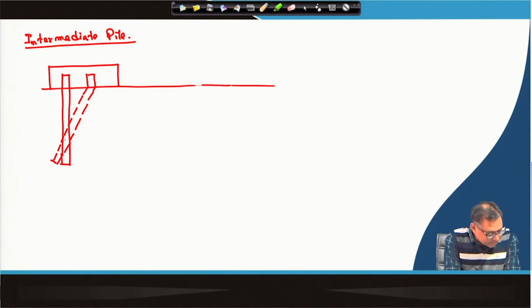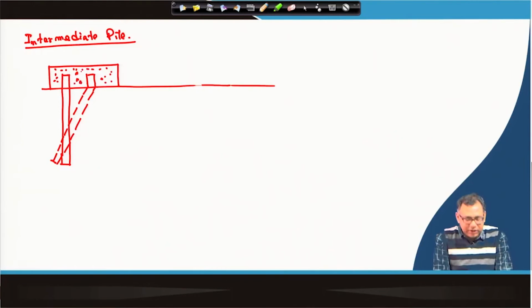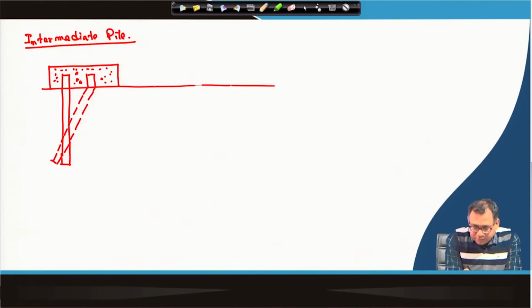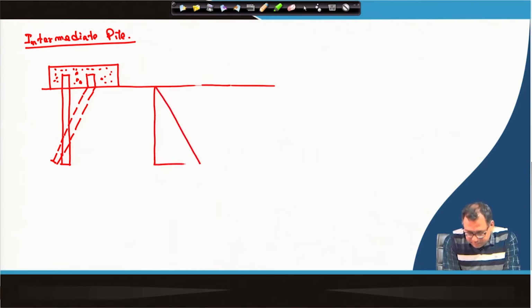So, with respect to a point, and then again we are considering here all the passive resistance only, active we are not considering, and rotation is very close to the tip. So, the resistance will be, passive resistance is this one.